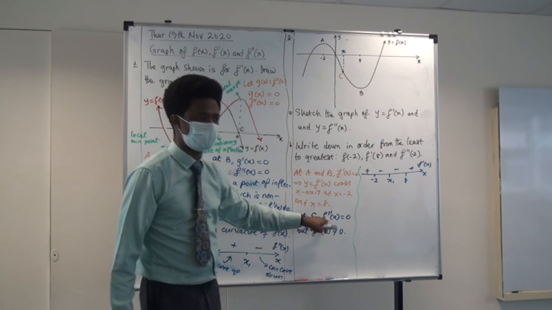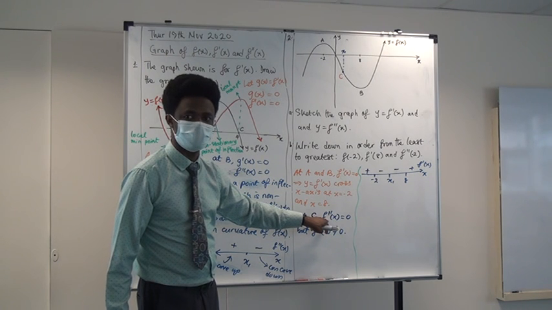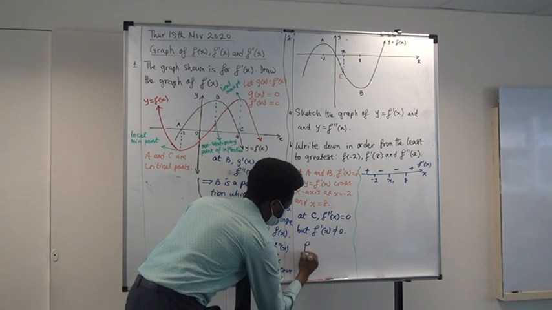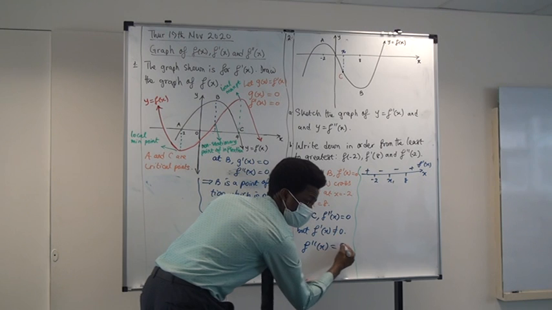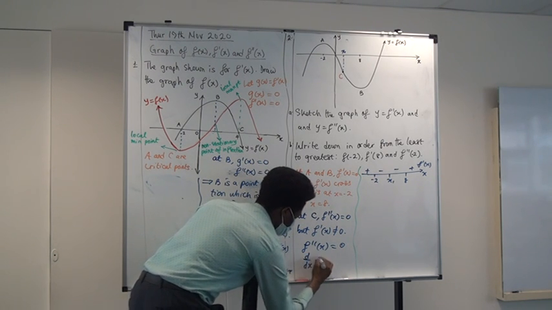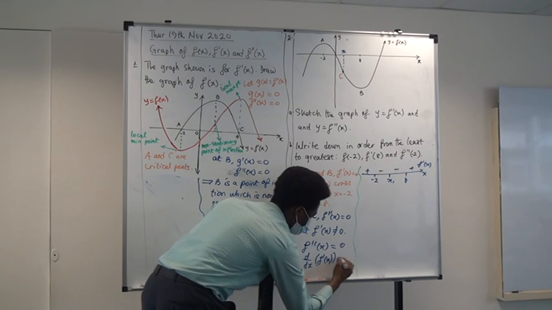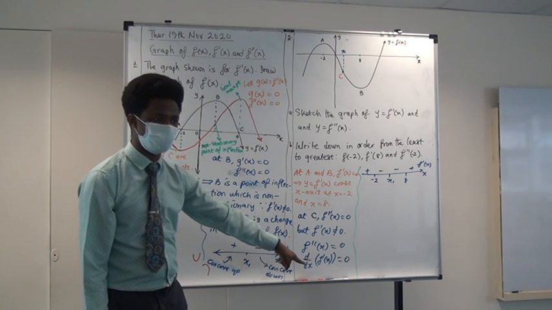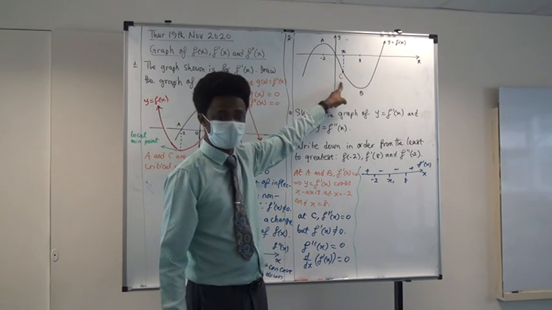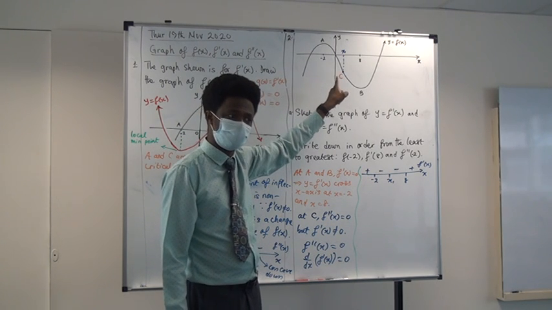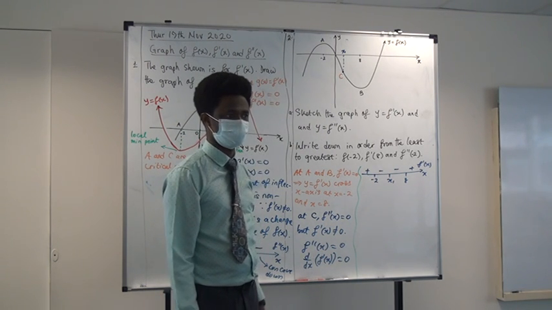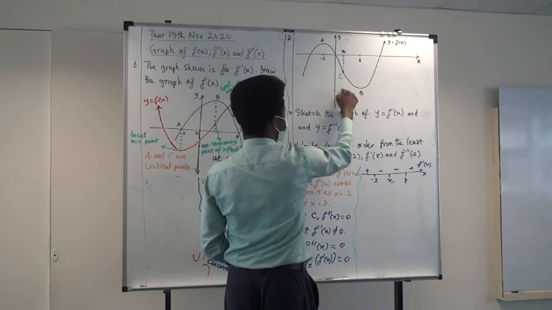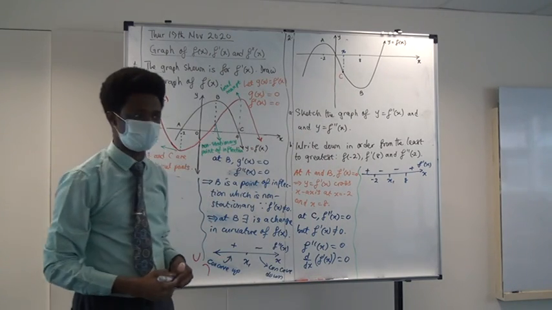This is the stationary point of the curve we're about to draw. f prime prime x is equal to 0 means d/dx of f prime x is equal to 0. So the point of inflection of the original curve is a stationary point for the gradient function. So while we know that this is positive and it comes down, it means it turns at x1. That's the point I'm trying to make.